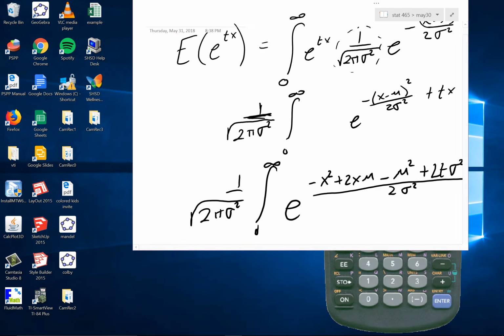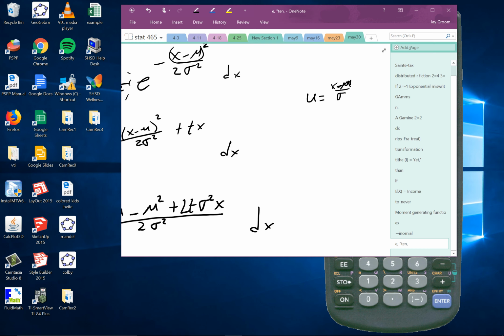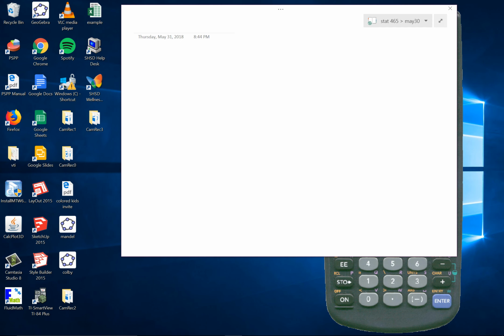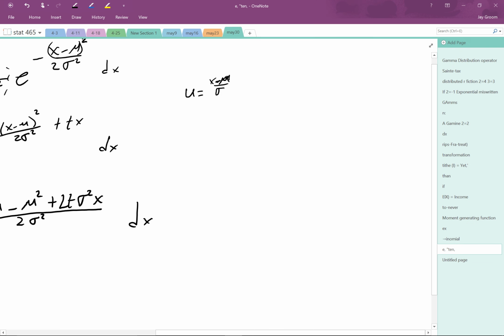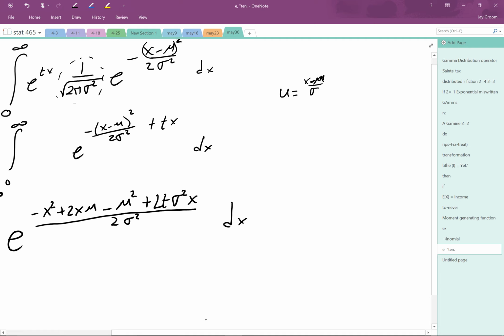If I let u be that whole thing, x minus mu over sigma, and if I make this substitution before I go any further, then du would be equal to 1 over sigma dx, yes? Which means that sigma du is equal to dx.